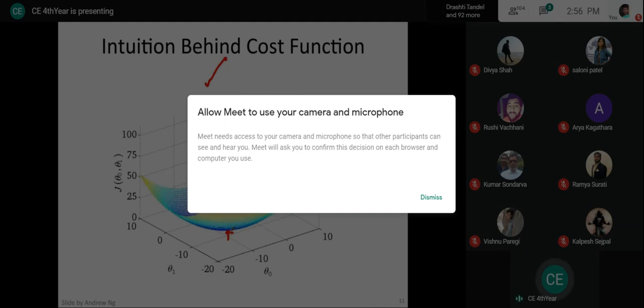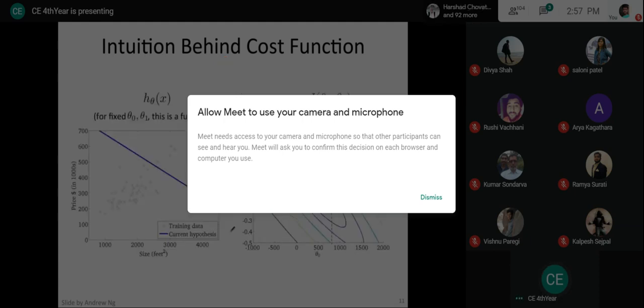But to represent this particular scenario in a 2D plot, what we have assumed is that we removed one parameter, theta 0, and just considered J with theta 1. But the correct situation is this graph. That's why in the last lecture we discussed this contour plot, where the representation of theta 1, theta 0 and J of theta will be proper.